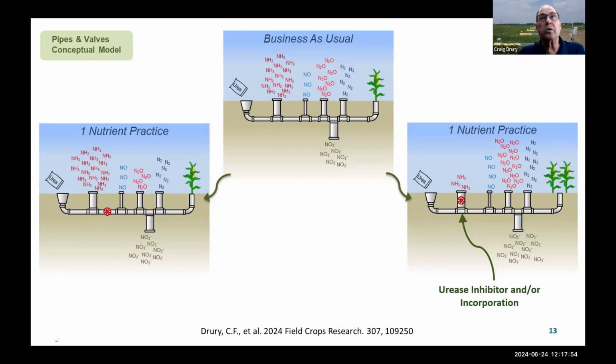So we have 2 plants instead of 1 to illustrate that. But you can see we can increase the amount of N2O compared to the business as usual diagram.